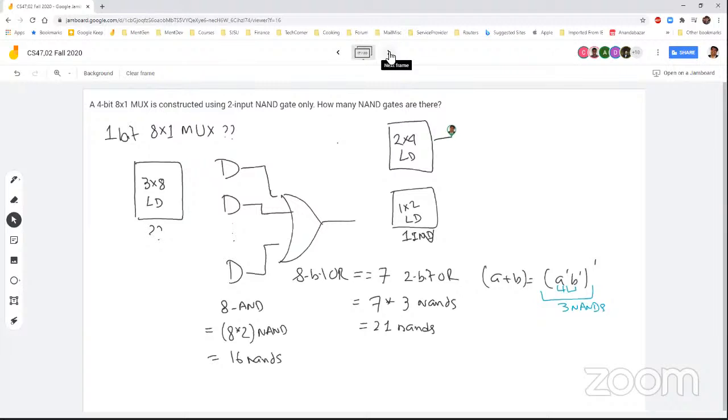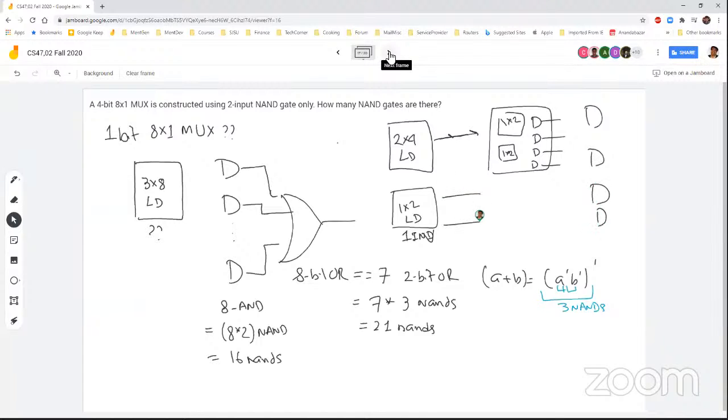And this guy is basically a 1x2 line decoder, followed by 4 ANDs, and then overall it will have 8 ANDs to combine output from here to here.